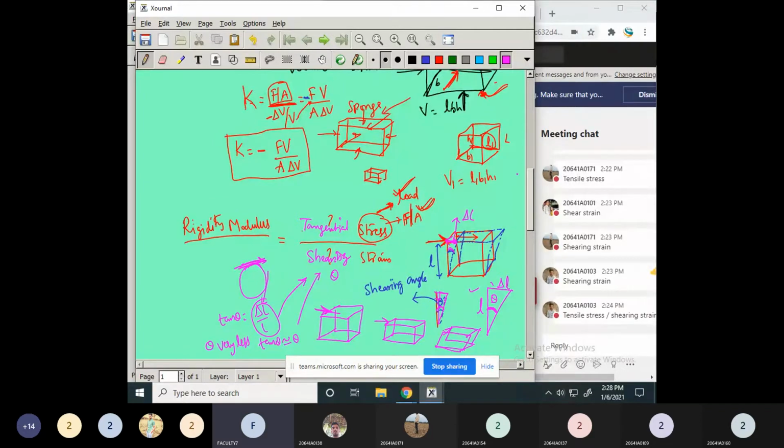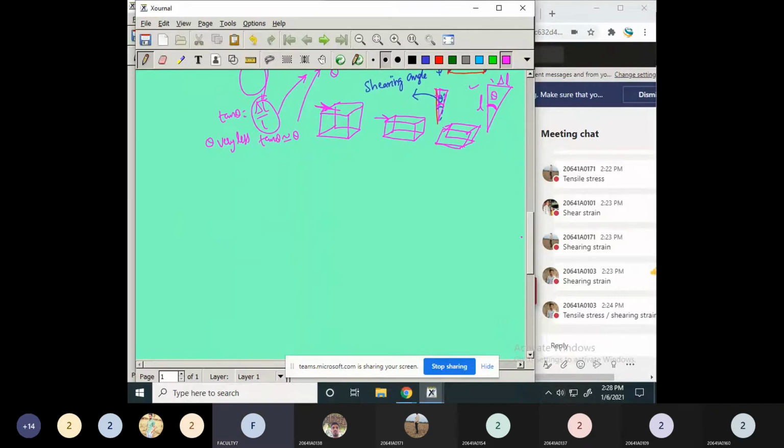Now what is the remaining part here? The rigidity modulus is given as eta. It equals the force applied per unit area divided by delta L by L. The same thing, I wrote it like this, or else you can write theta.